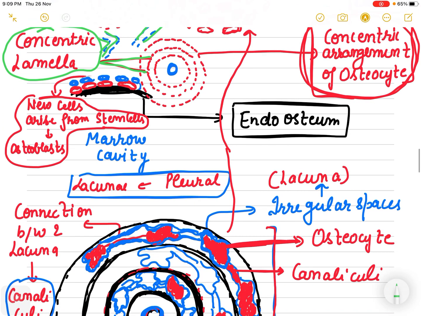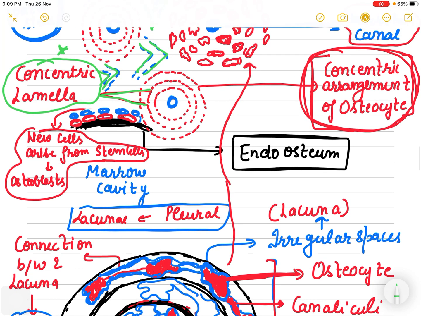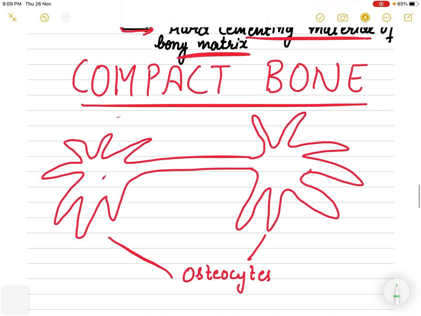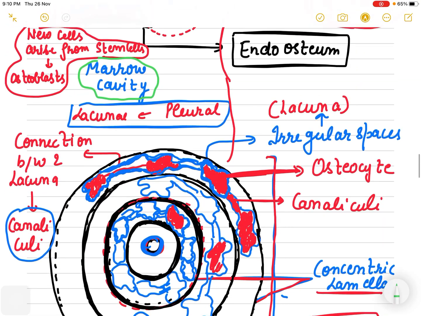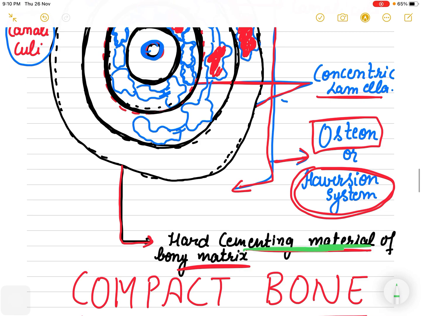So this is the section cutting of bone, how a bone looks, right? And there are the cells which are in these lacunae. These are the cells which are basically present in the bone. Now compact bone, this is how a compact bone will look, because this is forming the hard matrix.